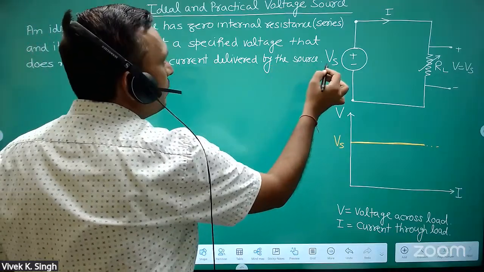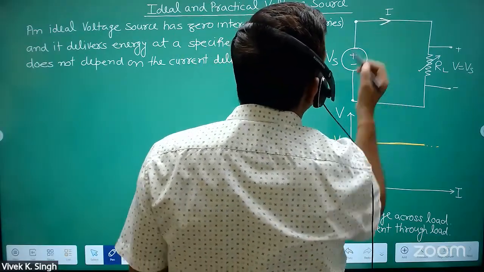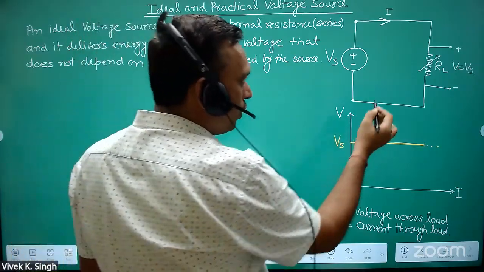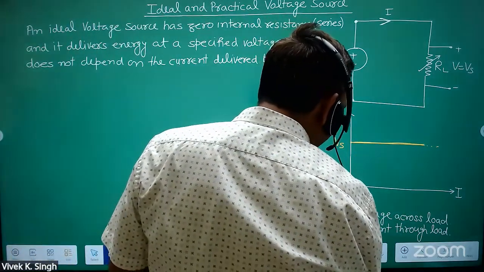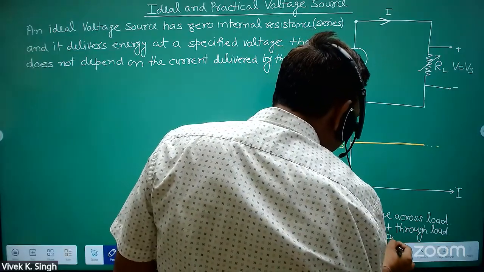Source is delivering this current I. Current through the load is I, and that is the source current. In this case, this is the source current.